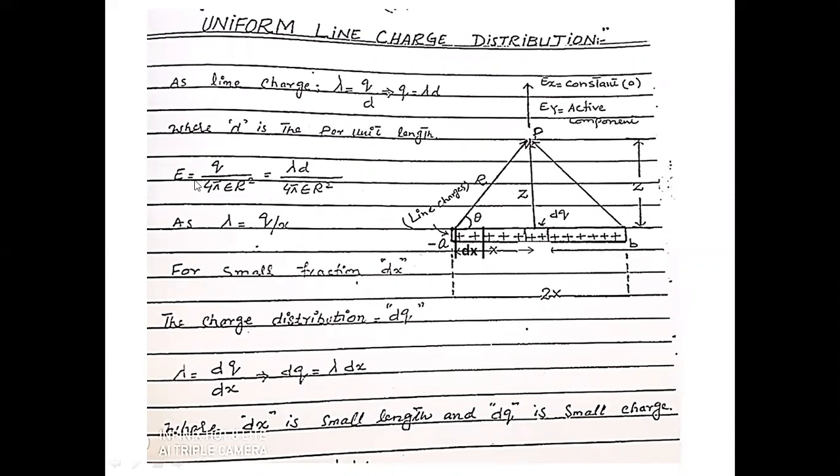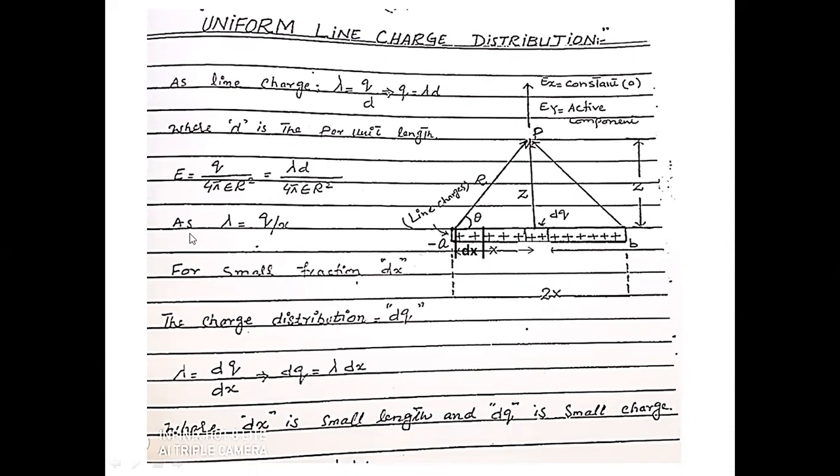According to the formula we studied in the previous class, E is equal to q divided by 4 pi epsilon r squared. In point charges we used this formula, but now for line charges we have to use q equal to lambda d. So E is equal to lambda d over 4 pi epsilon r squared.